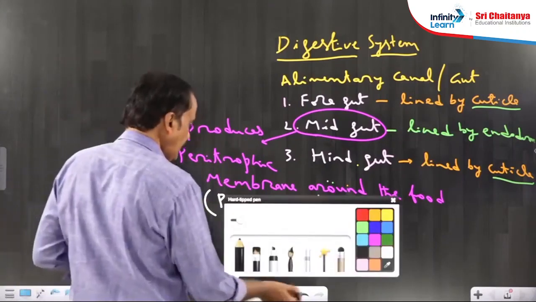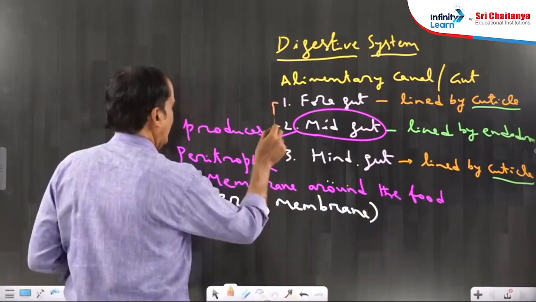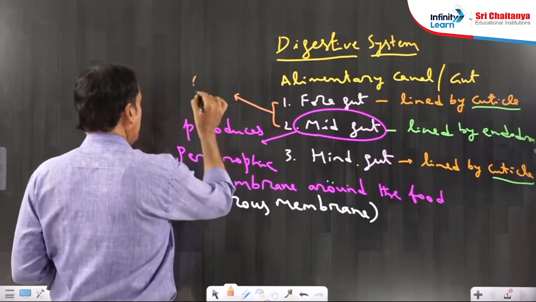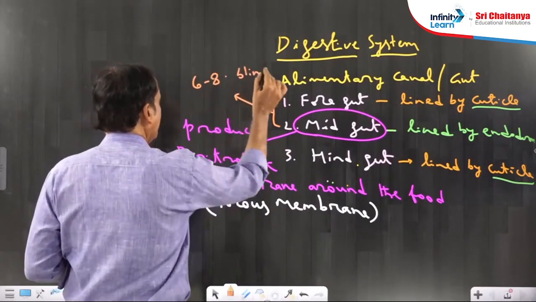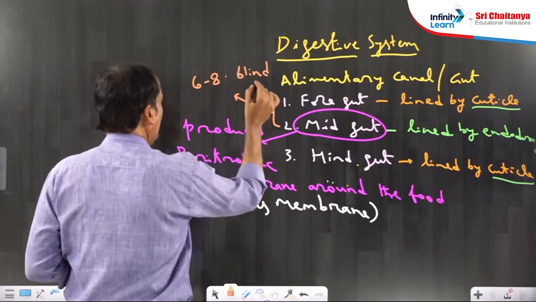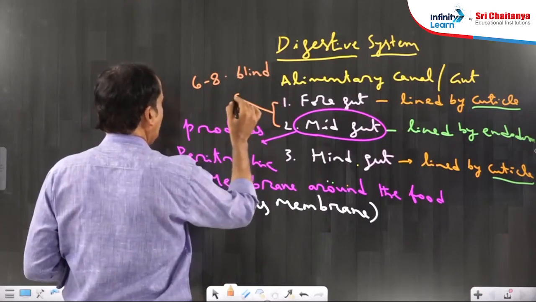Between the foregut and midgut, there are 6 to 8 blind tubules. They are blind because they open only on one side.